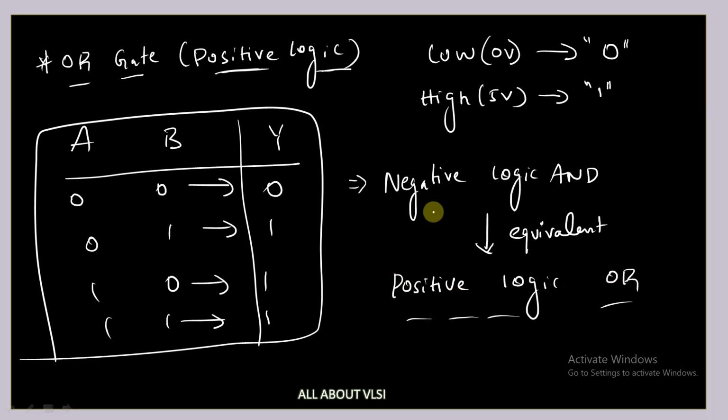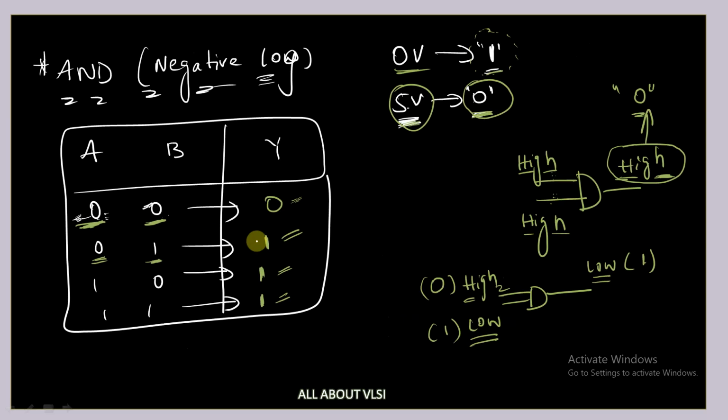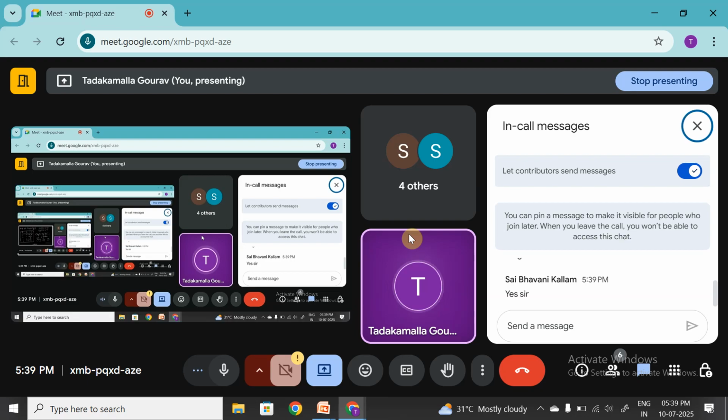Can I come to this particular conclusion? Yes or no in the chat box, because the truth tables are the same, right? Yes or no in the chat box, please. Yes. Okay. Now let us see one more last one, that is the OR gate in the negative logic.